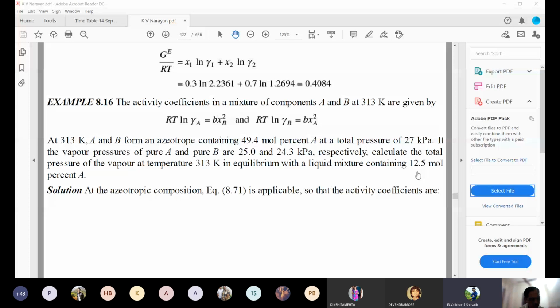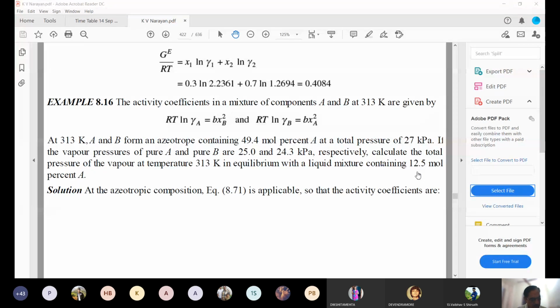Gamma A is 1.08 and gamma B is 1.11. Okay, so we know gamma A, gamma B, and we know XA and XB. And we know the temperature also. Temperature is given, right?